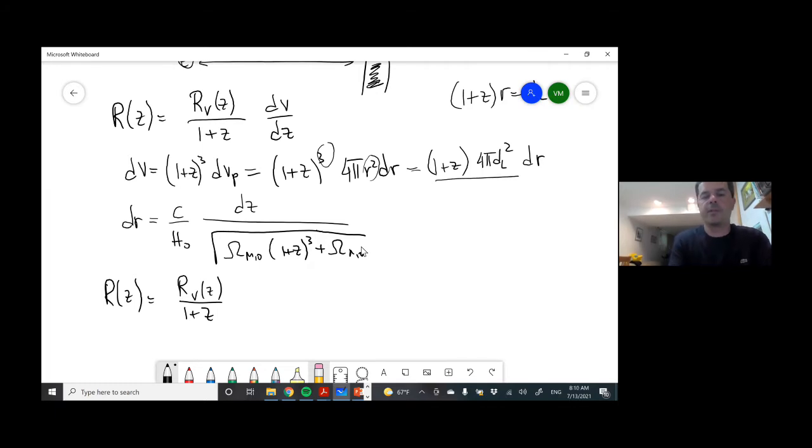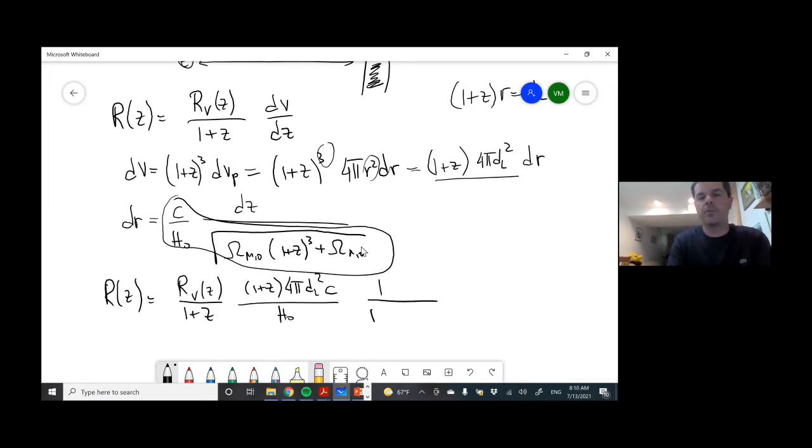So first we have this factor of 1 plus z times 4 pi d_L squared. And then we have dr/dz, so that's basically this contribution here. So we have another factor of c divided by H0. And then we have 1 over the square root of omega matter times (1 plus z) cubed plus omega lambda.